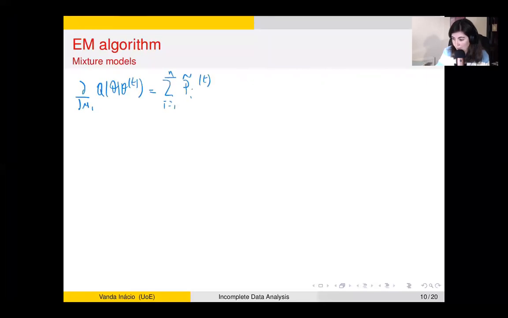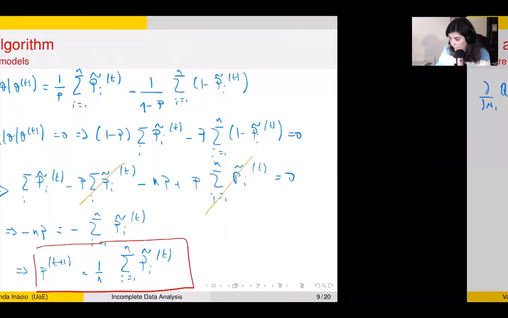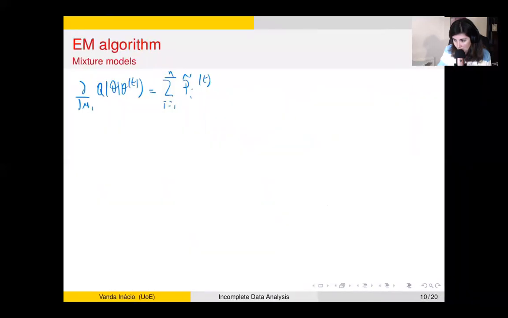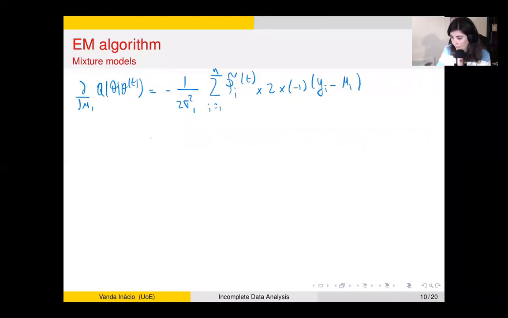And I know that what I have is, sorry, if we come here, it's this bit, so I still have the minus 1 over 2 sigma 1 squared. So I can write it as this, and it is.